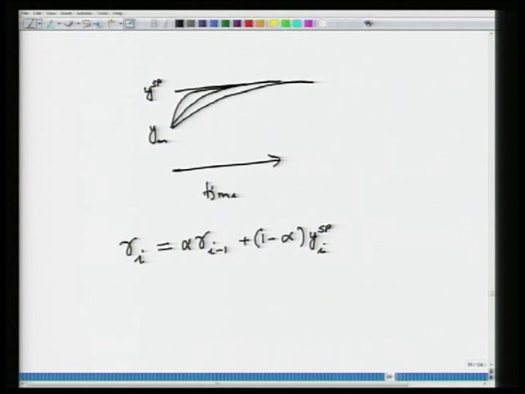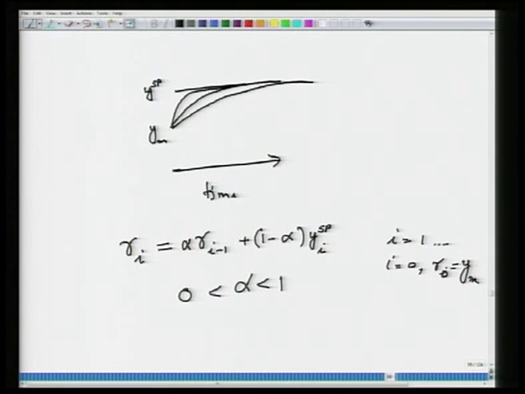Okay, and we will say that I goes from I equal to 1 to large, and at I equal to 0, R 0 is equal to y measured. Notice that alpha is typically between 1 and 0.